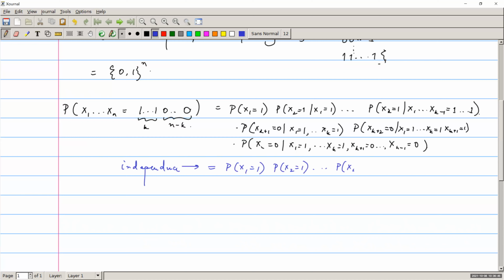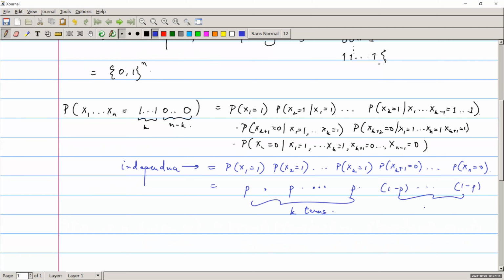So we simply have p p p, there are k of these, and 1 minus p, 1 minus p, n minus k of these. And so we have p to the k times 1 minus p to the n minus k. So this is the probability of this particular sequence.